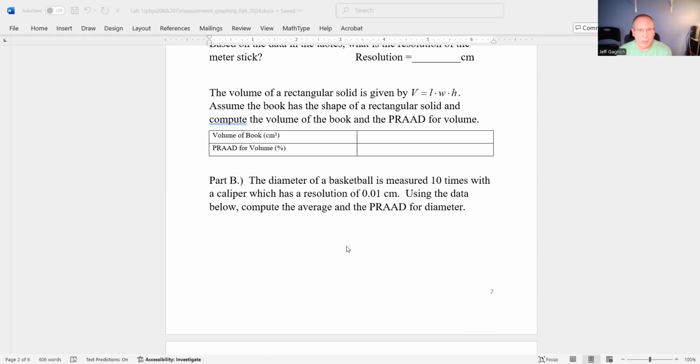Okay, so remember how to compute PRAD for the dependent variable that's equal to the product of a bunch of variables, right? So if you have an equation and you have several variables in that equation and you want to find PRAD for the dependent variable, remember there's a rule that you have to use. Actually, let me go to the tablet to explain this more carefully.